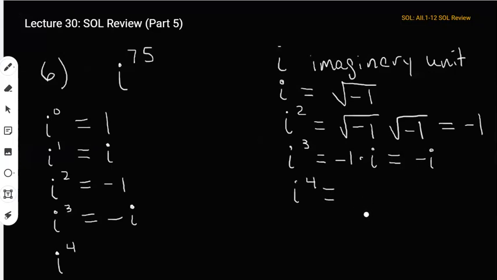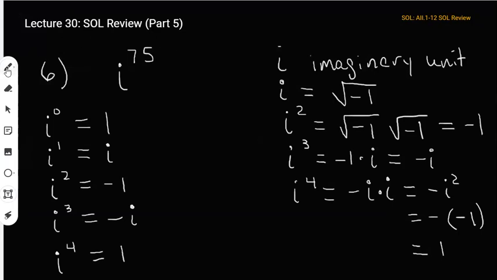And then the last thing I'm going to do is multiply by i one more time. So I'm going to take this -i right here, bring it down, and then multiply it by i one more time. I get -i squared. We know that i squared is -1. So -(-1) is going to be a +1. So i to the 4th power is going to be 1.